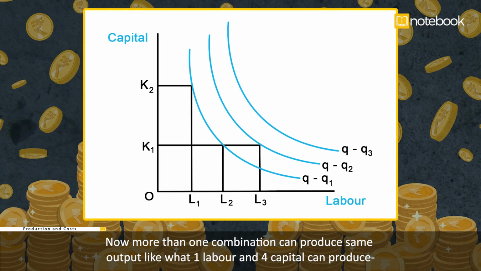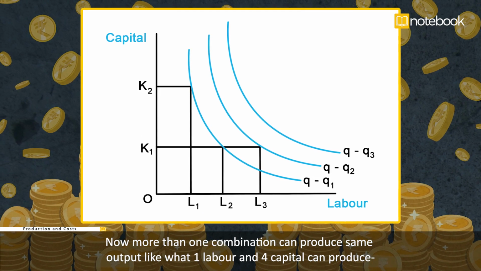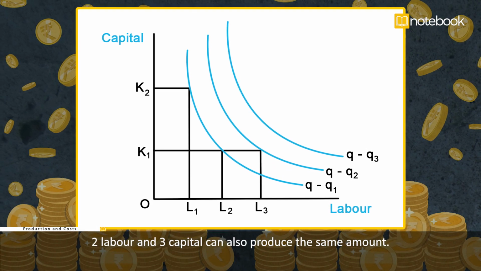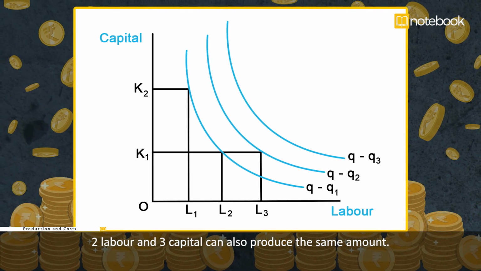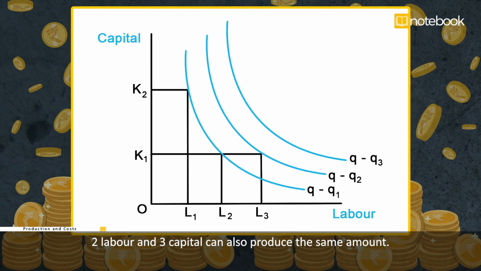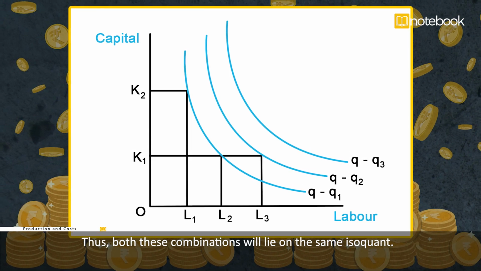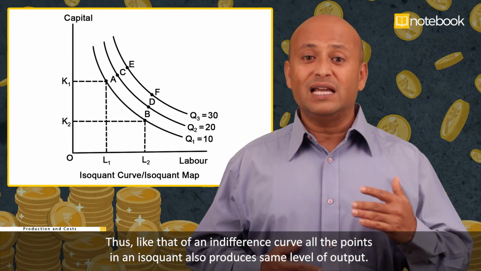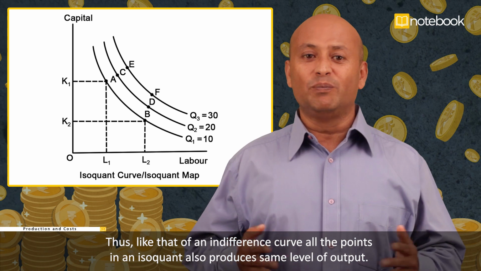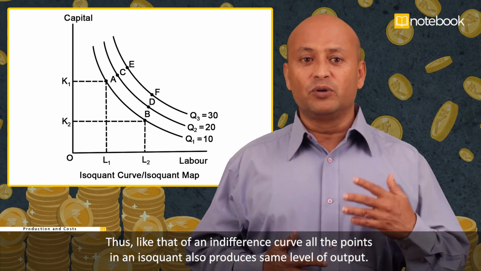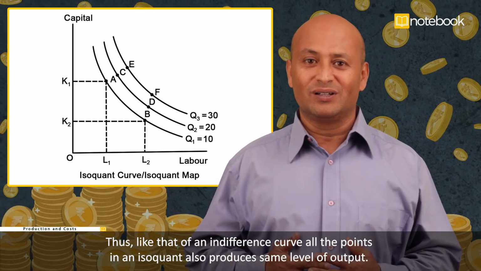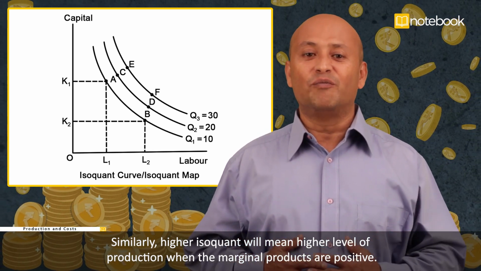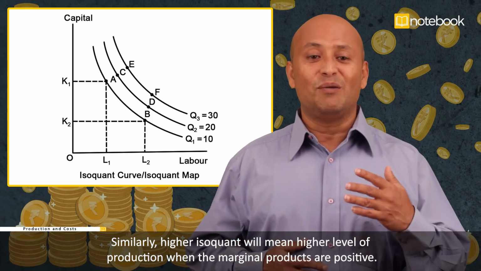Now, more than one combination can produce the same output, like what 1 labor and 4 capital can produce, 2 labor and 3 capital can also produce the same amount. Thus, both these combinations will lie on the same isoquant. Thus, like an indifference curve, all the points on an isoquant also produce the same level of output. Similarly, a higher isoquant will mean a higher level of production when the marginal products are positive.